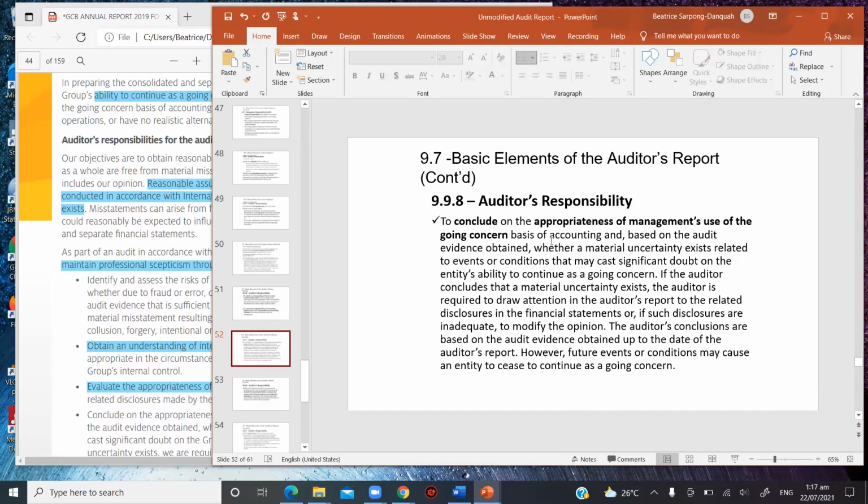Remember, we said that it is the responsibility of the management to assess the going concern, to assess whether the company's financial statements should be prepared on the going concern assumption. So he will examine the appropriateness of management's use of the going concern basis of accounting.